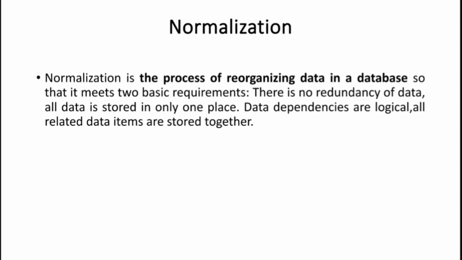If I make changes to the data, it should be automatically reflected. How can we achieve that? If we store all the data items that are related together, we can achieve that dependency, right? So that's why we need normalization.